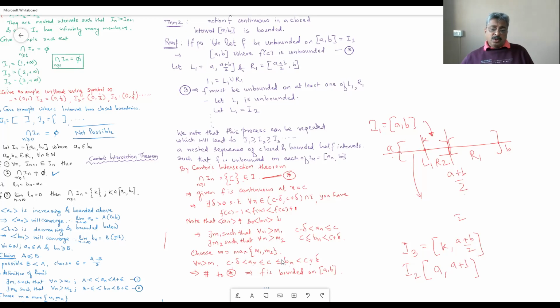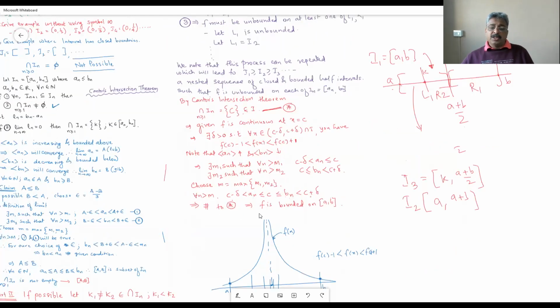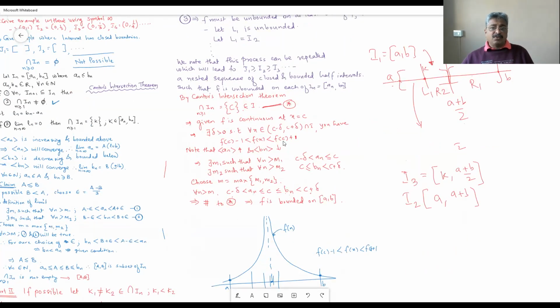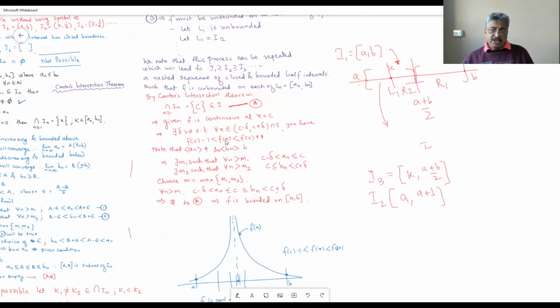Okay, so what is c minus delta to c plus delta? Where is this coming into the picture? If the function f is continuous, then for a given epsilon, you will have the value of the function within epsilon limits of the value of the function at c. So f of c minus 1 and f of c plus 1, the function will be between these two.